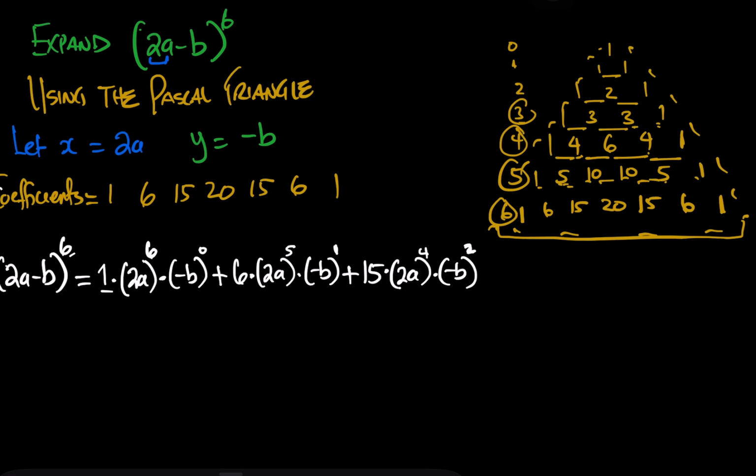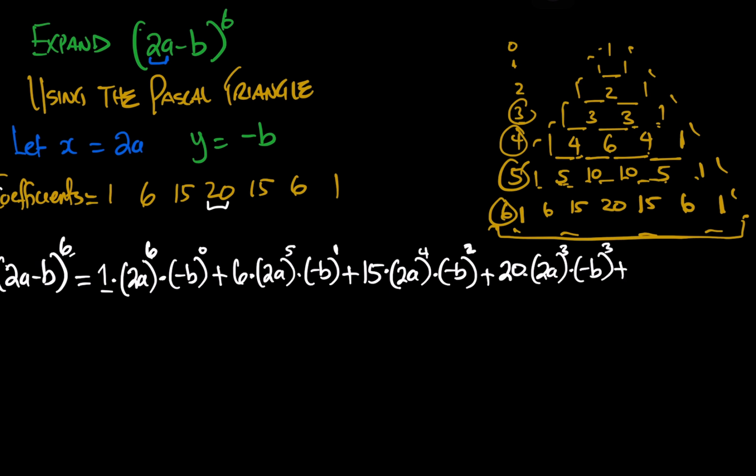Okay. Now the next one, what's our next coefficient? We're done with the 1, 6, 15. The next one is 20. So we have 20, and our x is 2a to the power of what? It descends to 3, multiplied by our y, which is negative b, going up to 3.